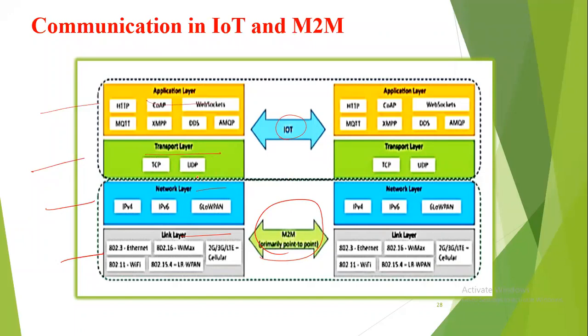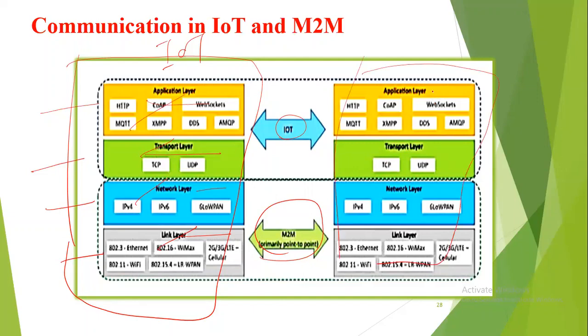But if you take this part, you can see this is the IoT architecture. IoT architecture uses the link layer, network layer, transport layer, and application layer. If you take this whole four layers, it is link layer, network layer, transport layer, and application layer. This is your IoT. But machine to machine works only in two layers, link layer and network layer. Now we shall move on to the industrial IoT requirements.